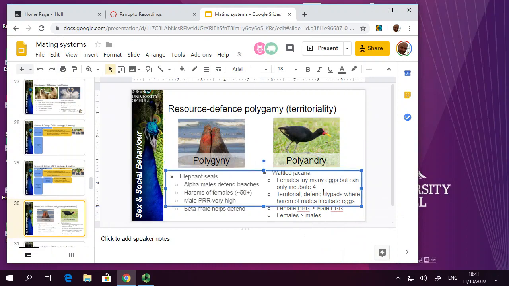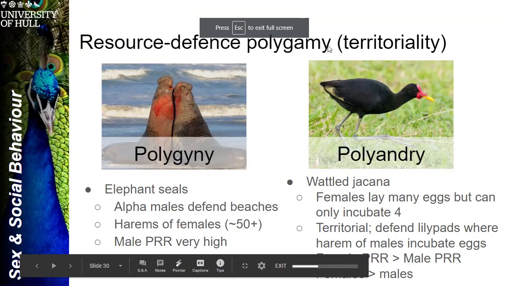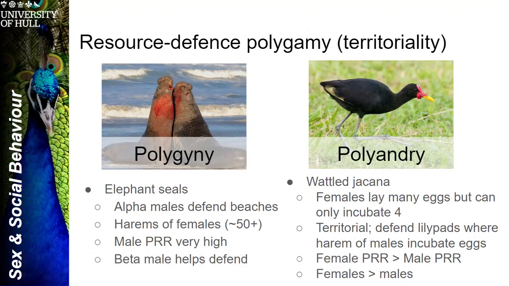So males hold these harems on beaches that contain 50 plus females, so the successful male is able to defend them and get a huge number of matings. And you get these very strong competitive fights, and often lethal fights among males for these harems of females.